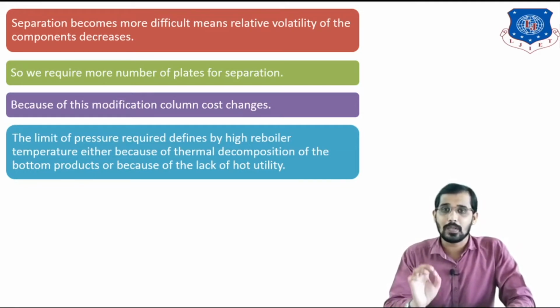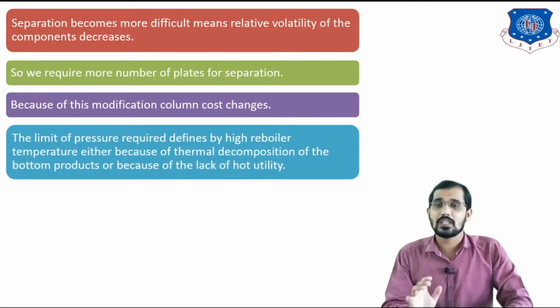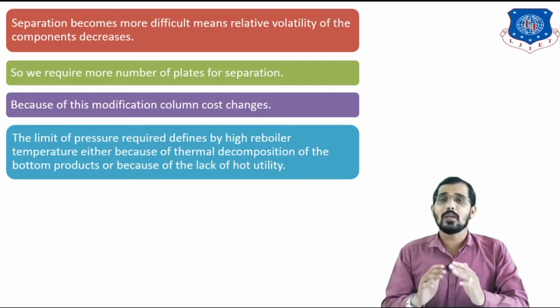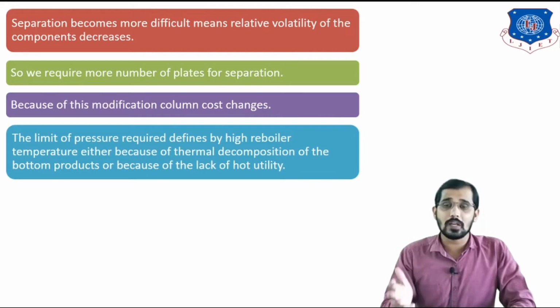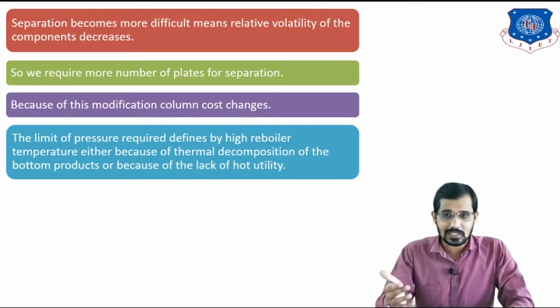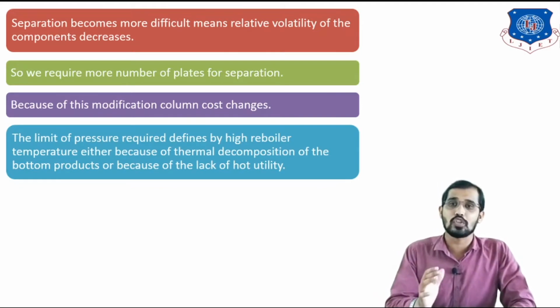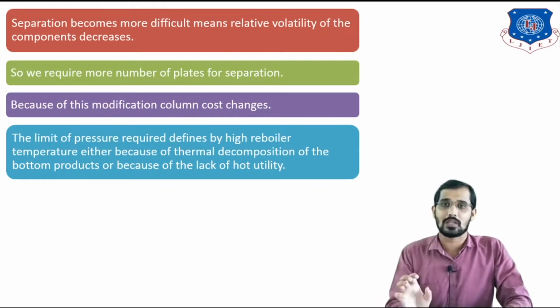You can see here, because of the thermal decomposition of the bottom products or because of the lack of hot utility, we require a high reboiler temperature, maybe because of the absence of the extra hot utility required to provide heat to the cold stream, or I can say thermal decomposition of the intermediate products.